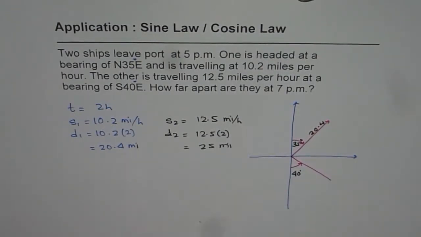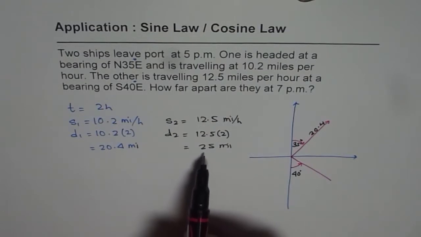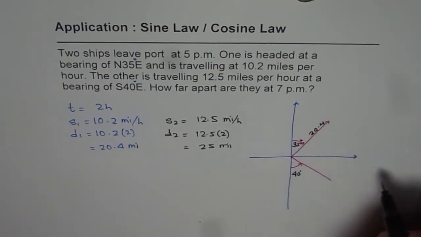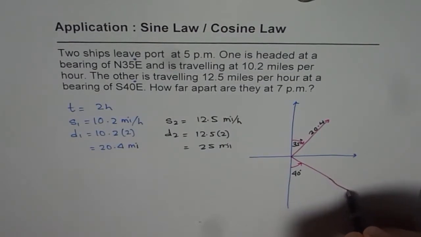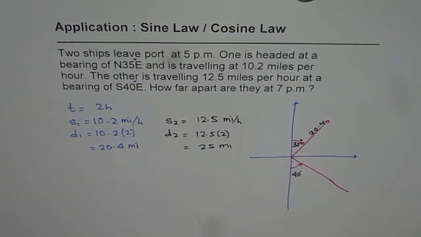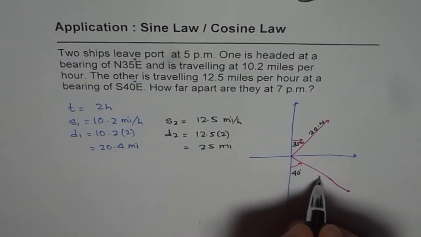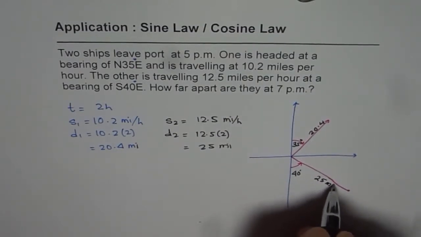Now in 2 hours it is going to travel 25 miles, so slightly longer than that. Let me extend this line a bit more. Not so nice, but that's the final position after 2 hours, and let me label this distance here as 25 miles.